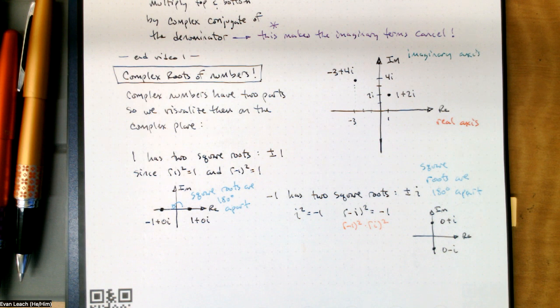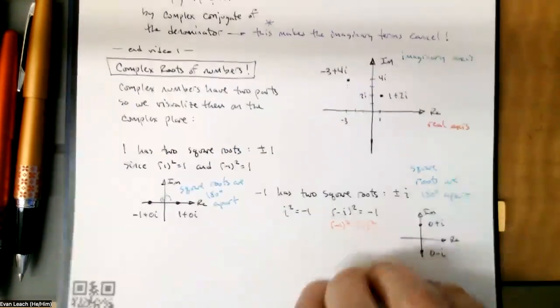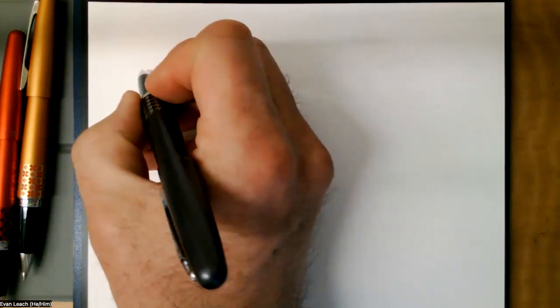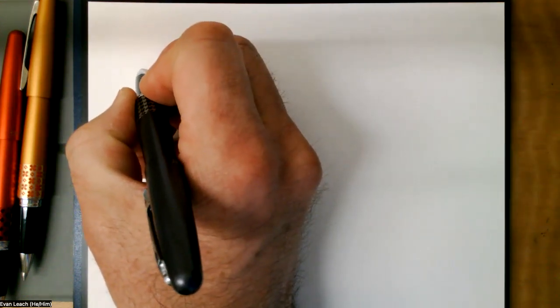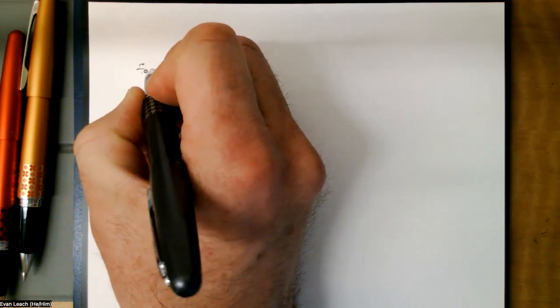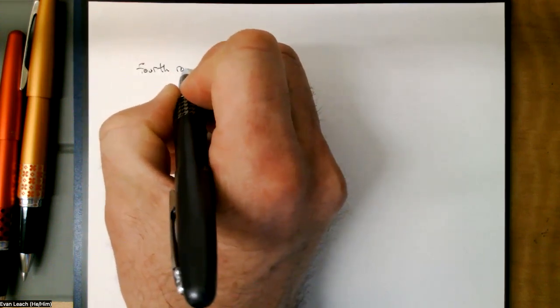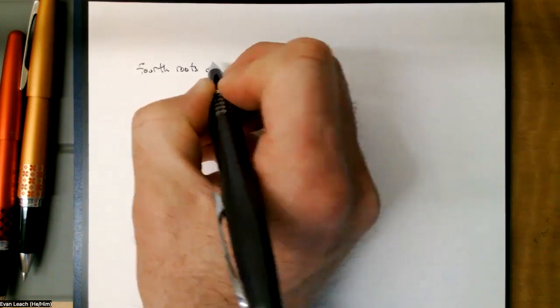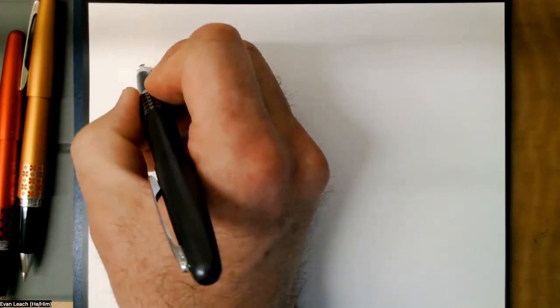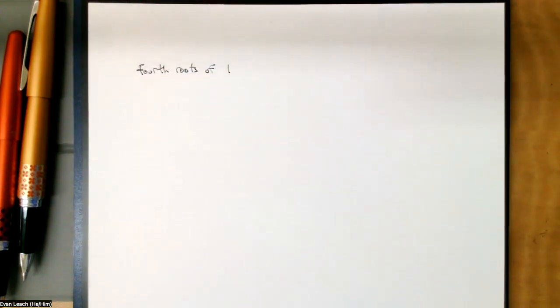I want to skip 3 and I want to go right to 4 because it's easier to calculate. I want to think about fourth roots of 1.